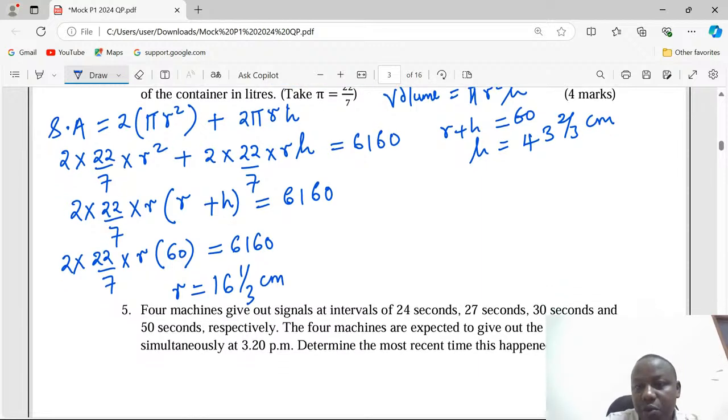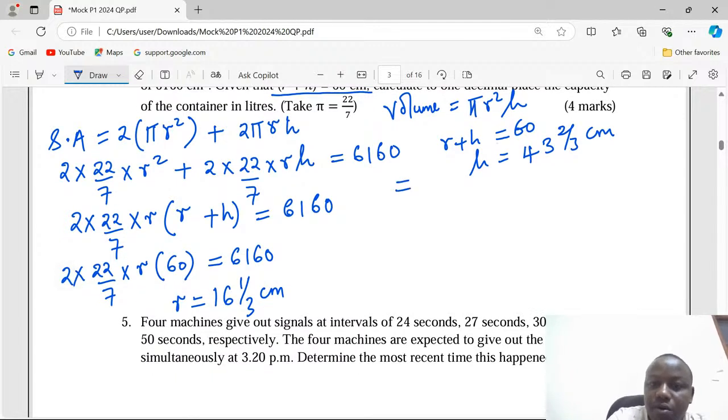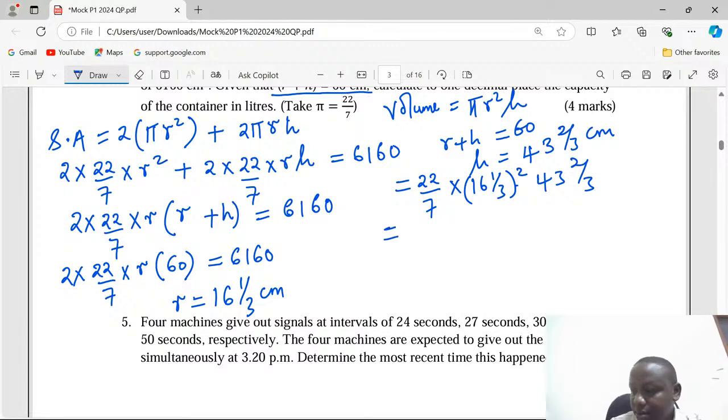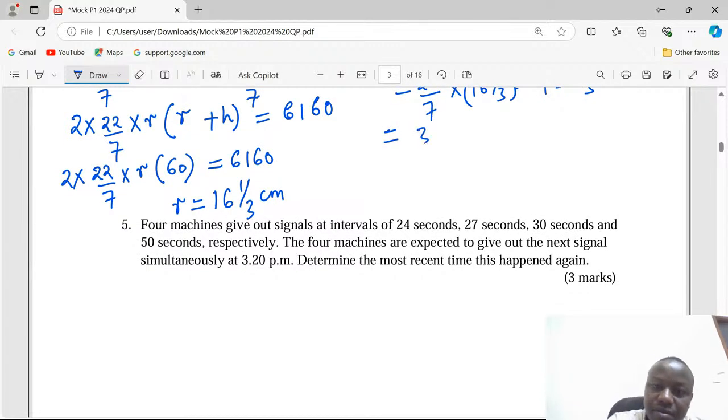Now with h and r known, we can say 22 over 7 multiplied by r squared, so 16 and a third squared, multiplied by 43 and 2/3, and this is going to give us exactly 36,612.07 cubic centimeters.